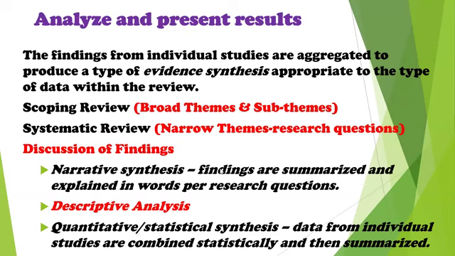Now, the next thing after you have done that, and you have also carried out your data extraction table, is for you to embark on the discussion of the findings. For most of the time, for a scoping review, as I said earlier, scoping reviews always have broad questions at the beginning.